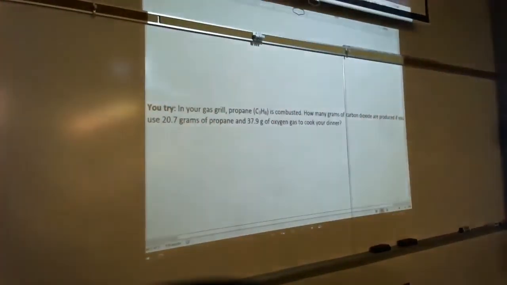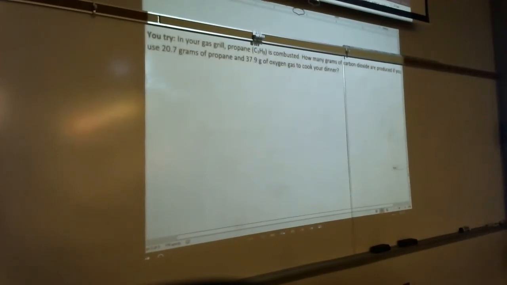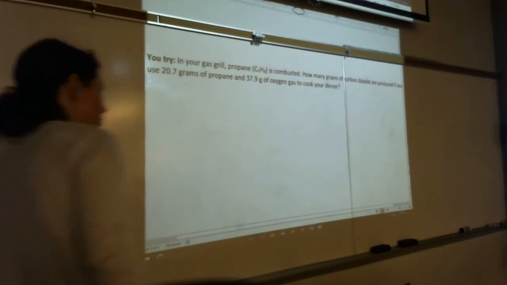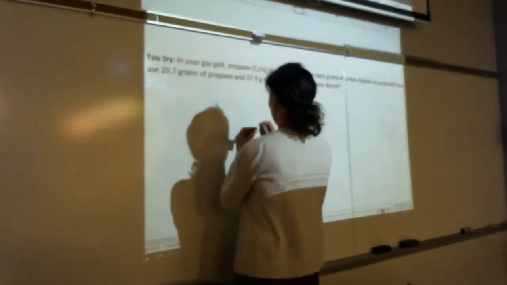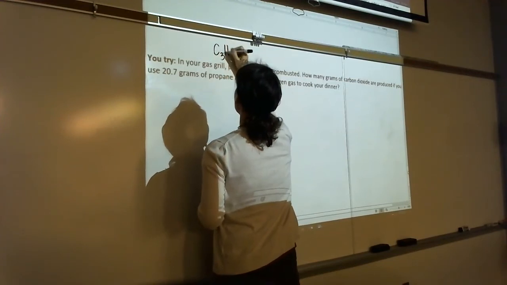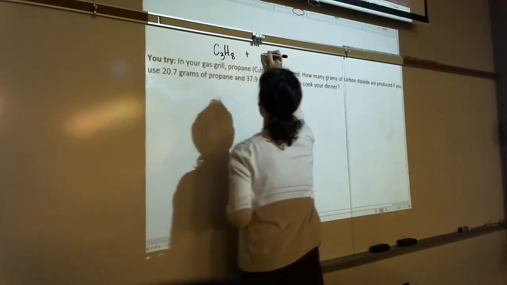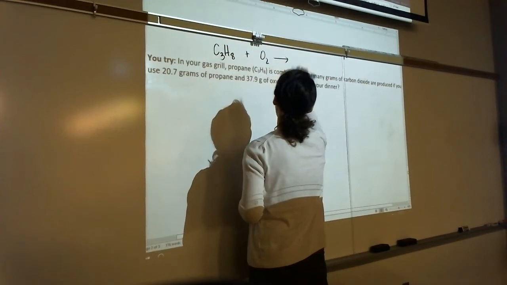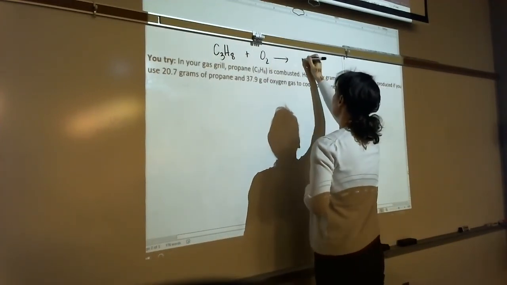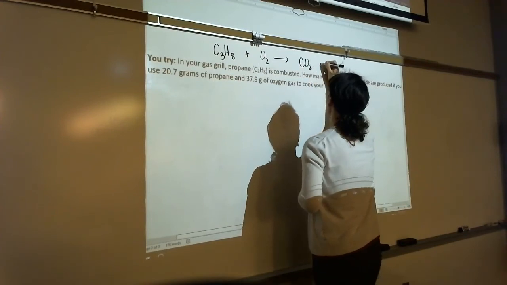Okay, so let's go over the problem here. Propane is combusted. So combustion is a reaction with what? Right, it requires oxygen gas, and combustion of a hydrocarbon produces what? Carbon dioxide and water.